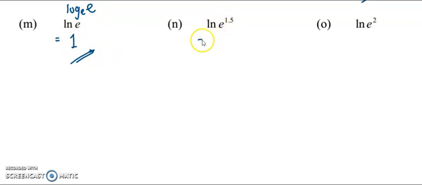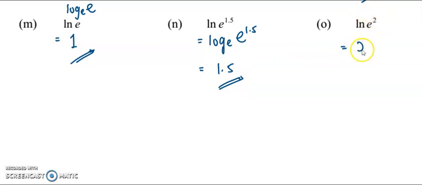And this is also the same as log e to the base of e, with power of 1.5. We can just bring the 1.5 to the front, and log e to the base of e equals 1. So the answer is 1.5 only. And this is also the same. You can move the 2 to the front, and we know that ln e equals 1, so this equals 2.